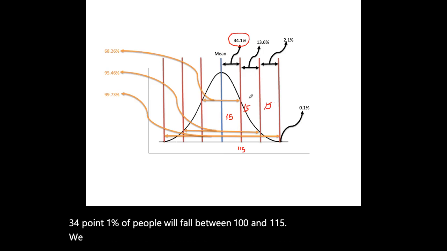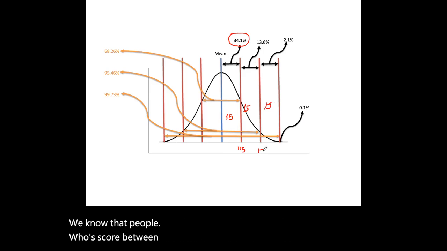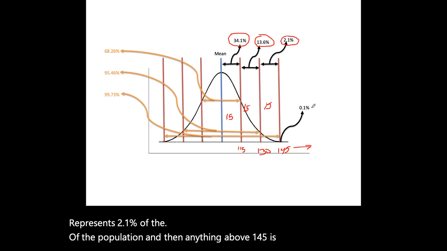We know that people who score between 115 and 130 represent 13.6% of the population. And then between 130 and 145 represents 2.1% of the population. And then anything above 145 is 0.1% of the population.